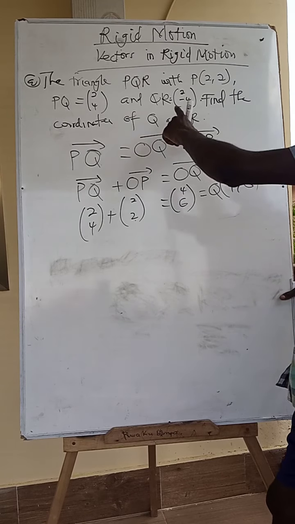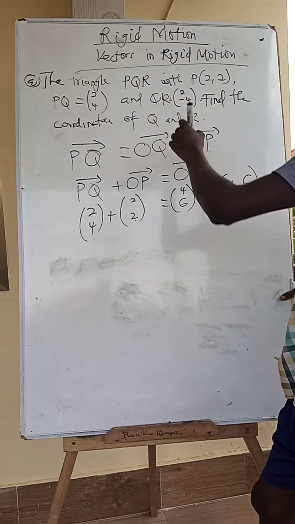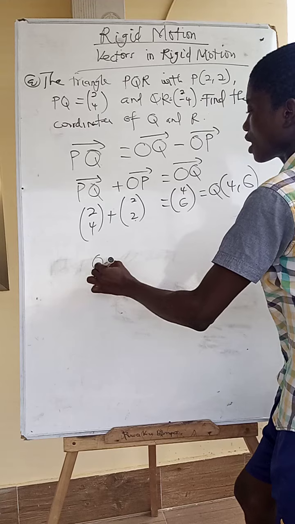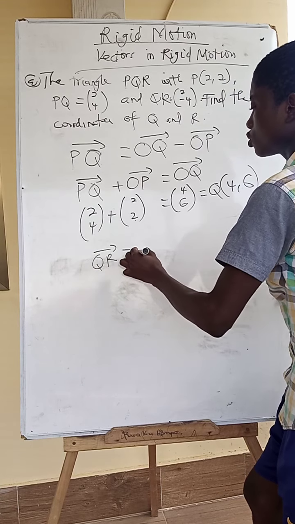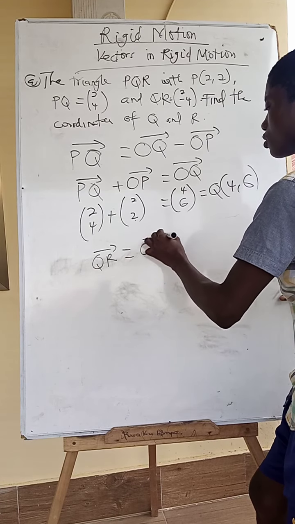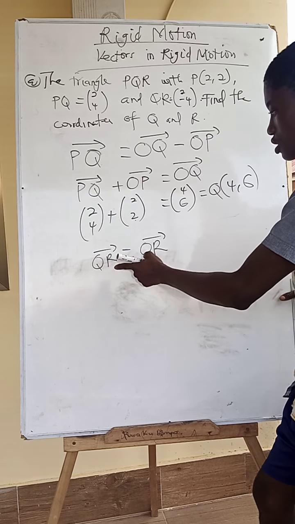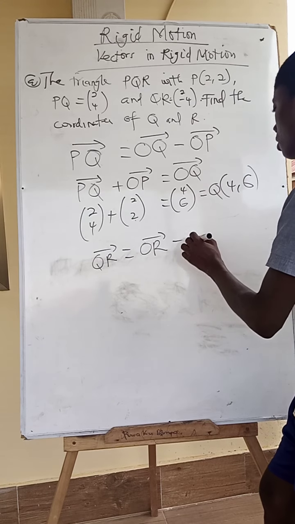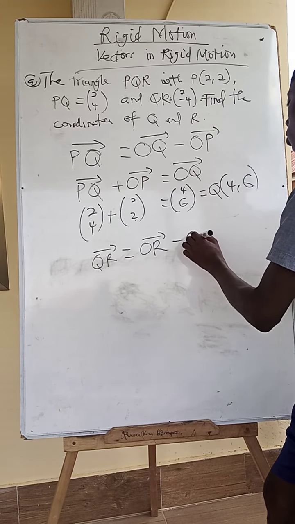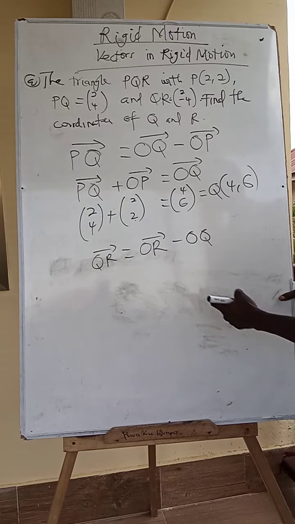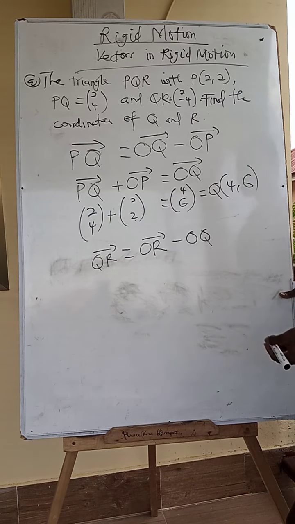Now let's find the coordinate of R from QR. We can see our QR equals OR, that is the initial one, minus OQ. Or you can say it's R minus Q. You can use small letters.